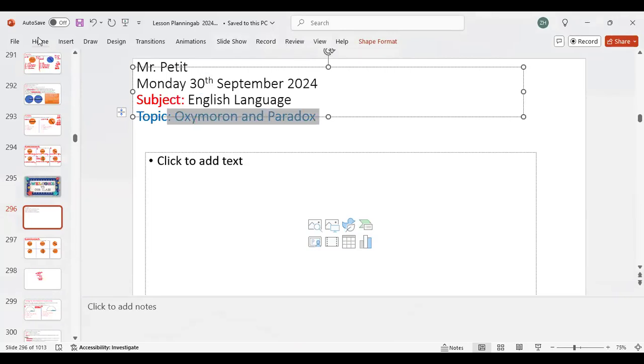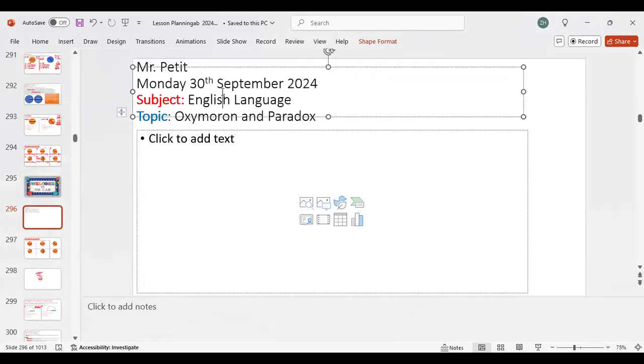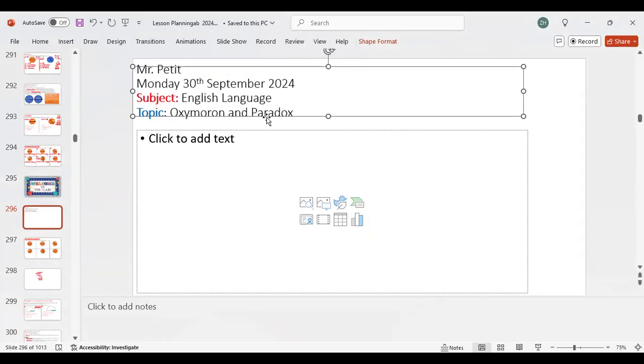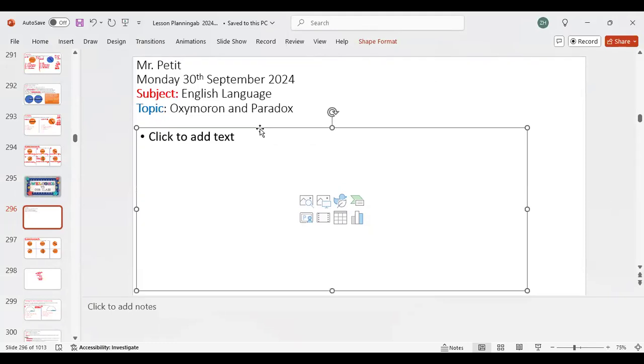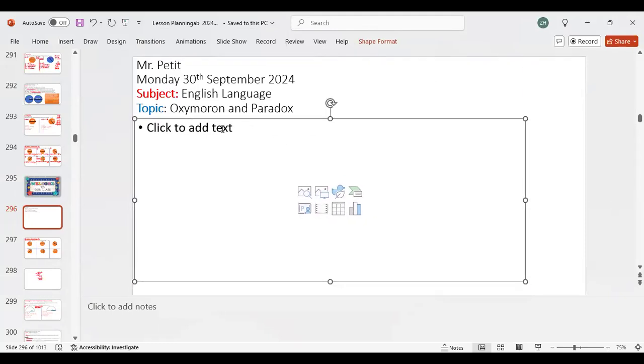Anyone ever heard of them? I've heard of oxymoron, but I've never heard of paradox. No, it's not a chemical. All right, let's start off with oxymoron, and then we can go into paradox.